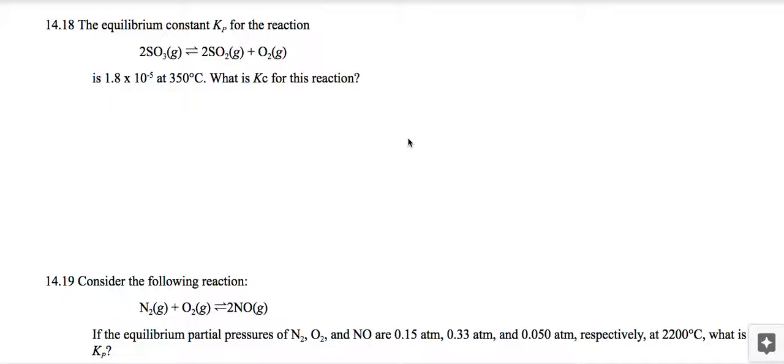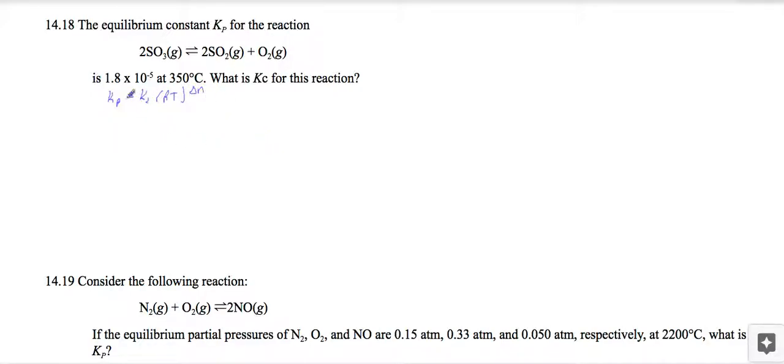18, the equilibrium constant for that was the Kc. So now we can use the same equation and just rewrite it a little bit. Kp is equal to Kc, RT, change in number of moles.